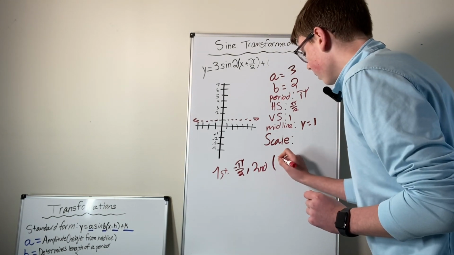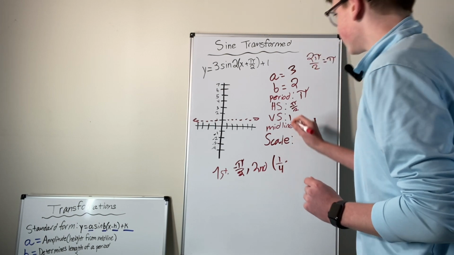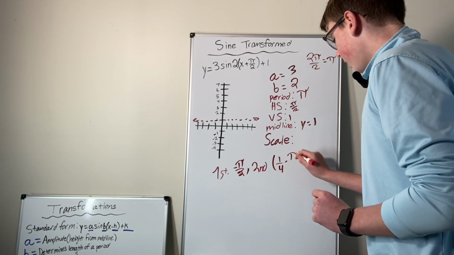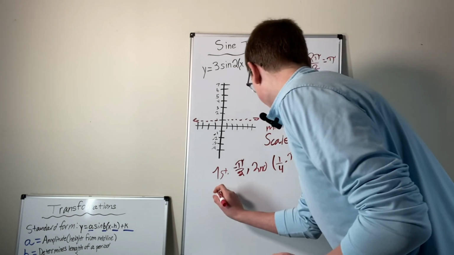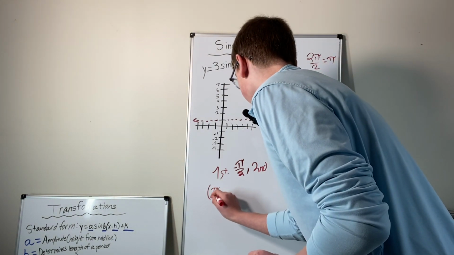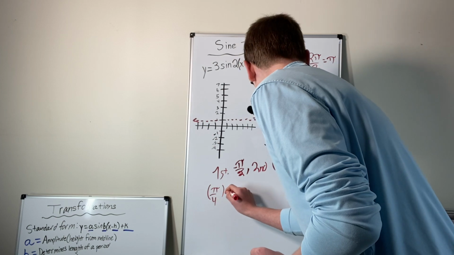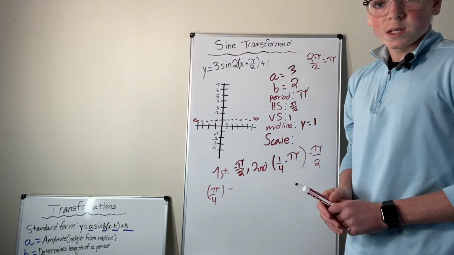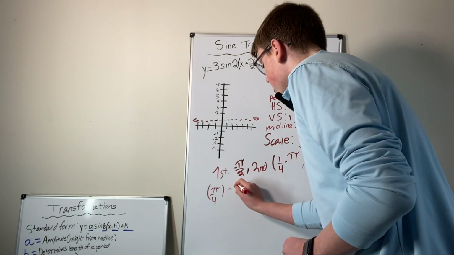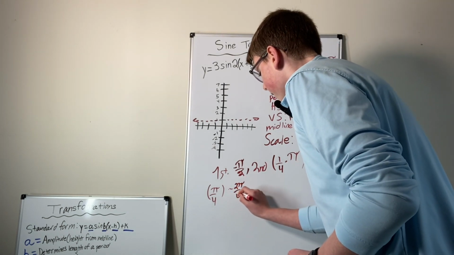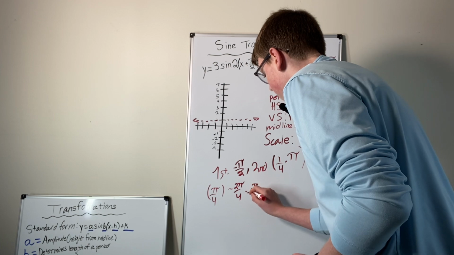So it'll be 1/4 times, our period is pi, minus pi over 2, which would then be pi over 4 minus, if we want a common denominator, pi over 2 is really 2 pi over 4. So minus 2 pi over 4 equals negative pi over 4.